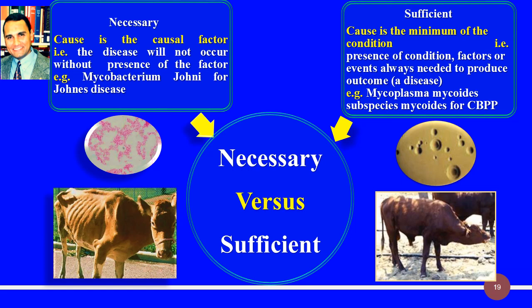So, to introduce an animal infected with the germs of Mycoplasma mycoides subspecies mycoides is necessary, along with other factors such as crowdedness, decrease in immune status, and absence of a vaccination program for control of such emerging and transboundary diseases.